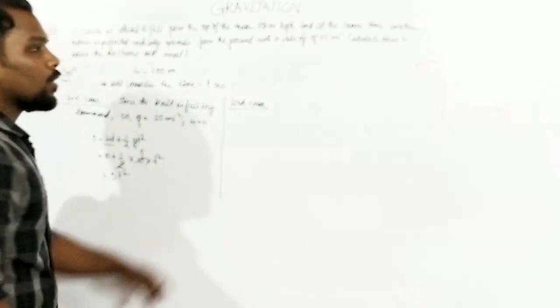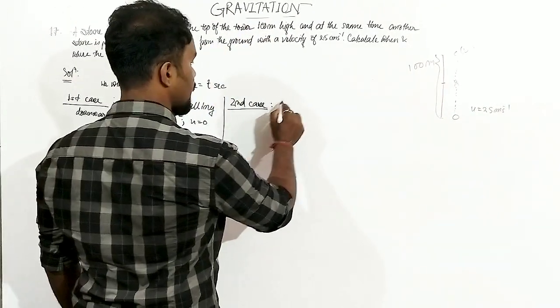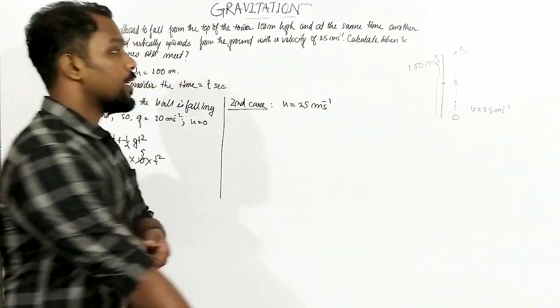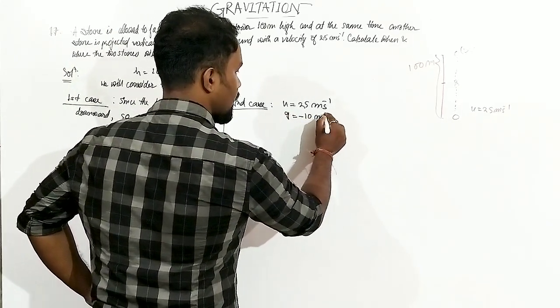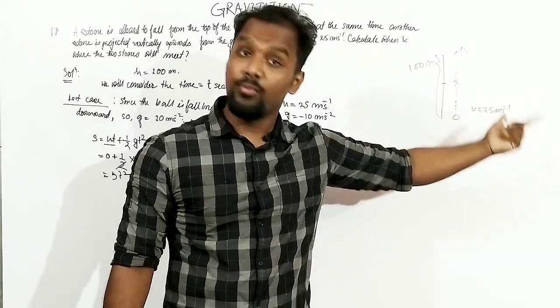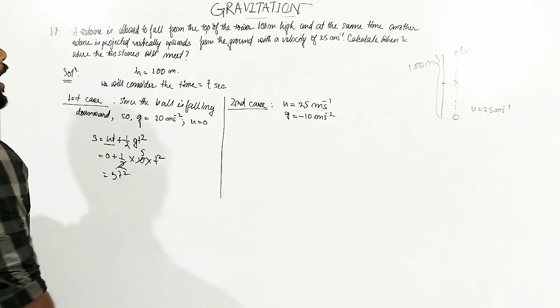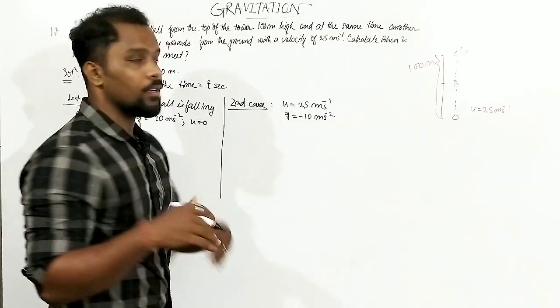Second case, now the ball is moving with a velocity, that is u is given, right? U is given as 25 meter per second. And here g is going to be minus 10 meter per second square, because it is acting against the gravitational force, so g is going to be negative. Simple fact. Again, we will use the same relation because it is related to height.